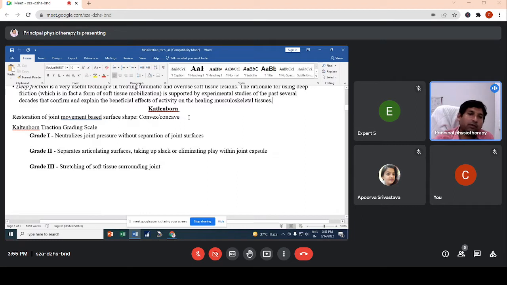According to Kaltenborn, the restoration of joint movement is based on the surface shape, the concave-convex phenomena.